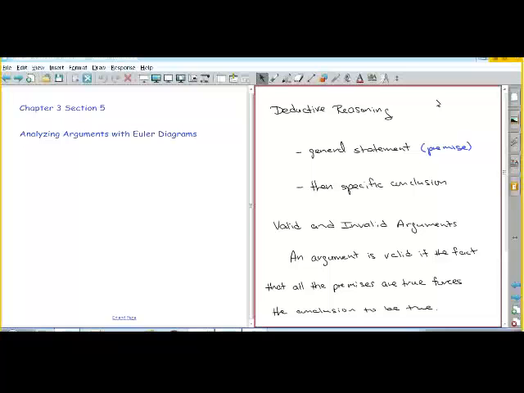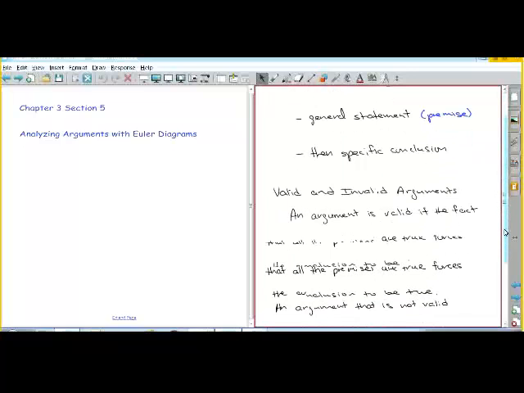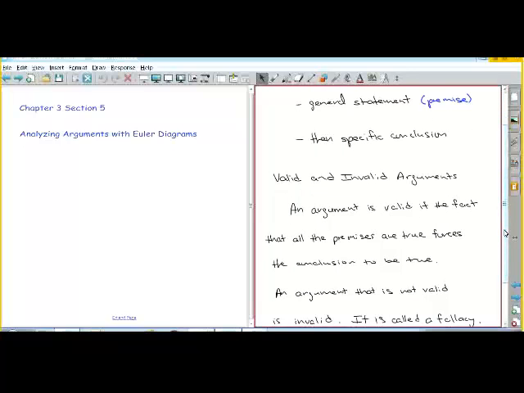There's some kind of rule that applies to everything under all conditions. There's a second statement that applies to more of an individual, a subset of the general statement. We're going to make a conclusion about whether the argument is valid or invalid. An argument is valid if the fact that all the premises are true forces the conclusion to be true.